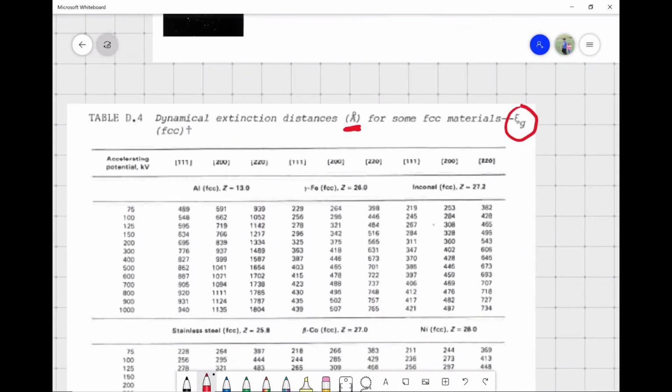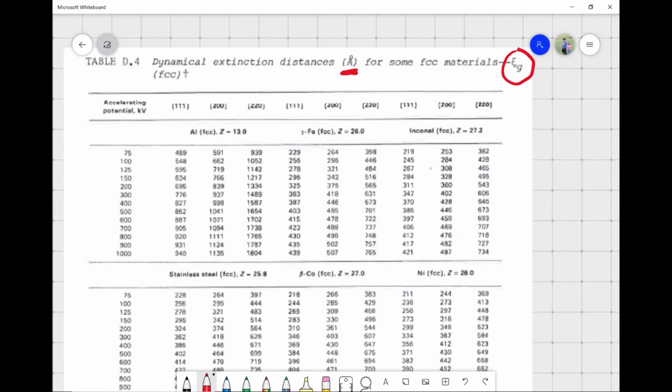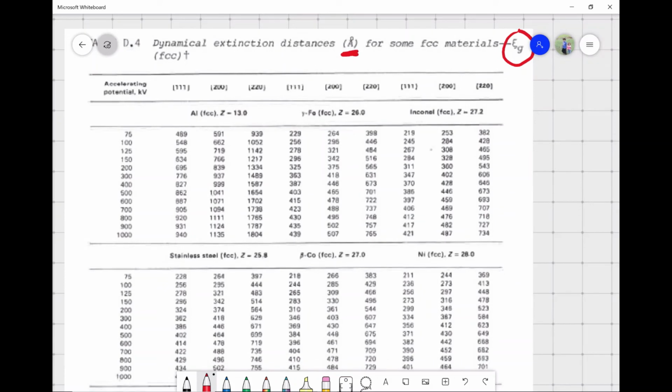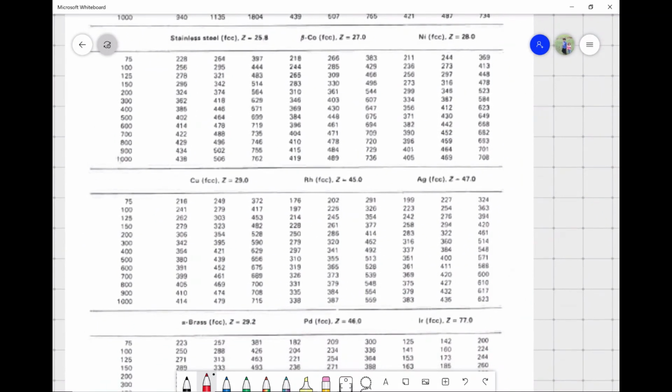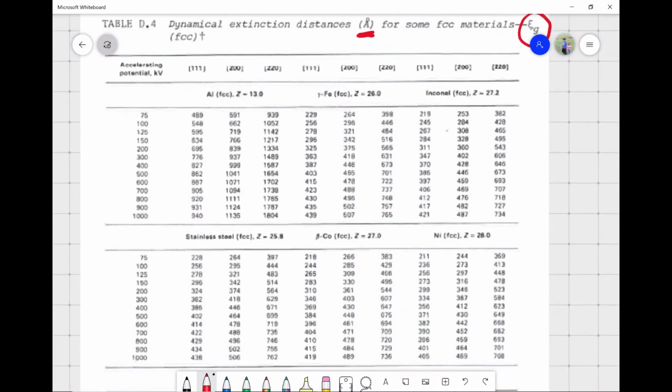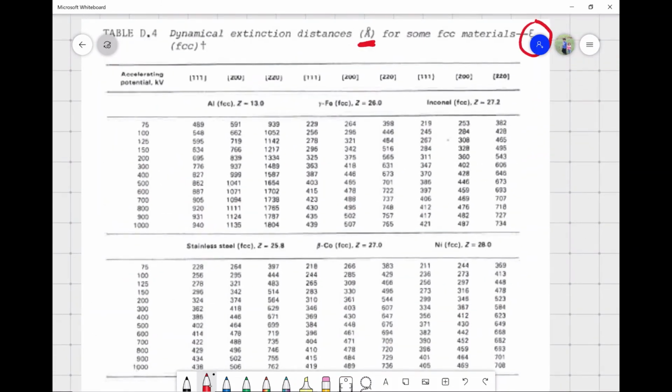That makes sense because we're looking for thickness. And I love how it's just generic stainless steel. So we have aluminum, I believe this is gamma iron, Inconel, straight up nickel, and copper. So here's copper, here's what we want. And this is the accelerating voltage, so 200 kilovolts, accelerating potential in kilovolts.